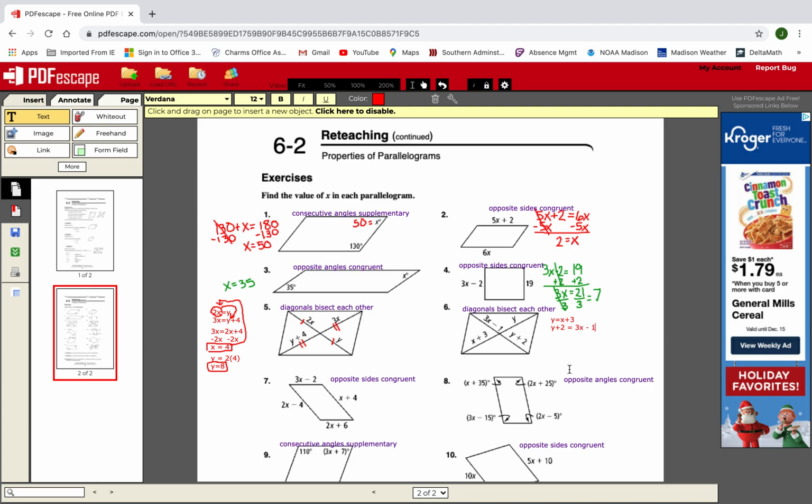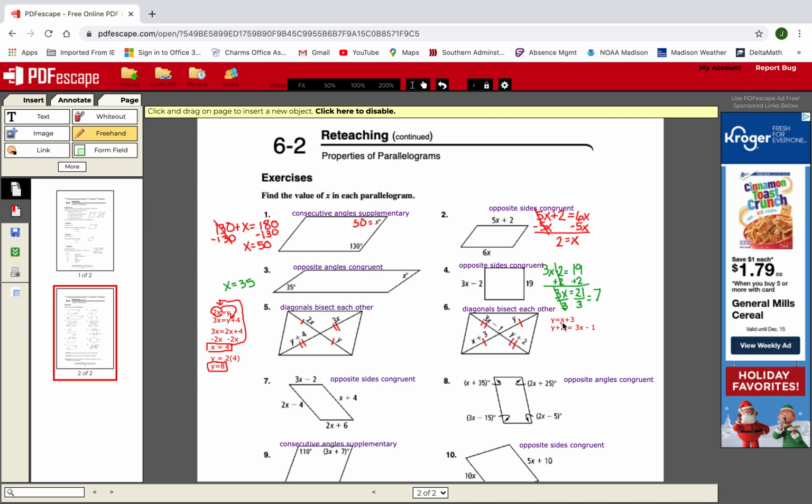Okay, so I'm going to show that with some markings here. I have these two segments equal to each other, and then I have the two pieces of this diagonal equal to each other because they bisect each other. So y equals x plus 3, and y plus 2 equals 3x minus 1.